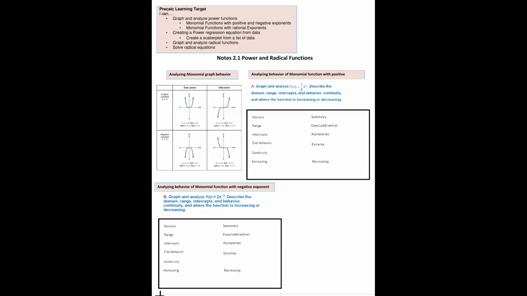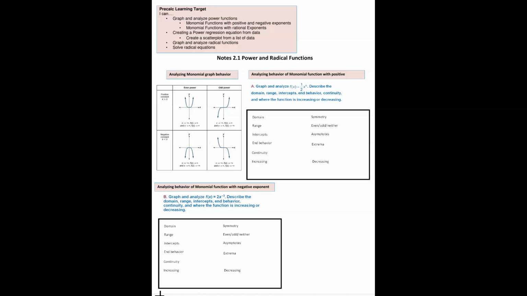All right, so looking at this is a flashback from first trimester when we did the end behavior: the limits, increasing, decreasing, whether or not something's continuous, the max and relative, absolute extremas, even and odd behavior, and symmetry. So these are different looking graphs, but the content and the way that you describe them would be the same.